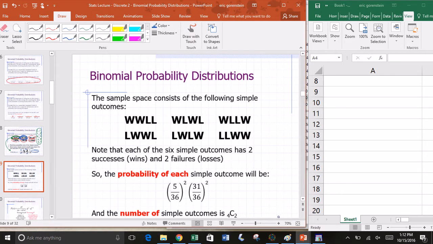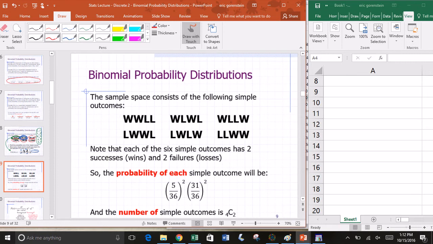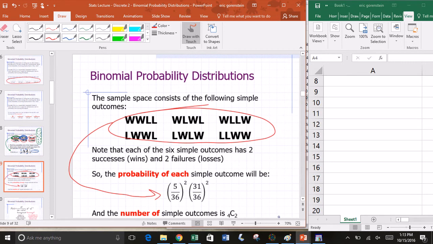Okay, so each one of these guys up here has a probability of 5 over 36 to the second, because there's 2 wins, and 31 out of 36 to the second, because there's 2 losses.